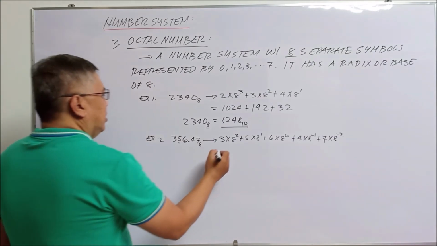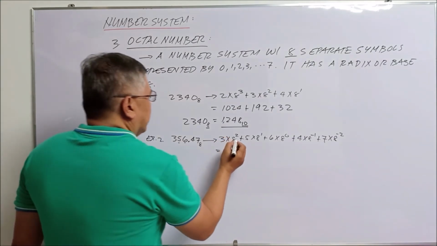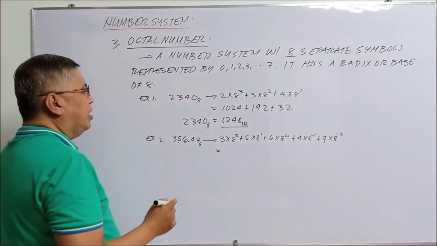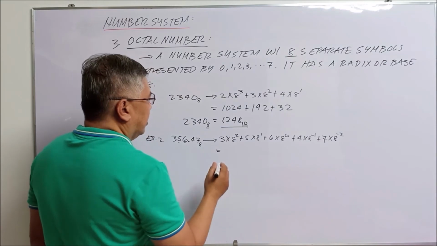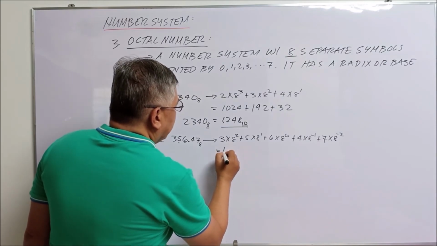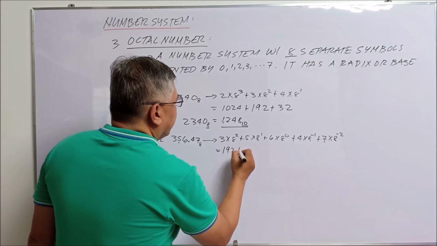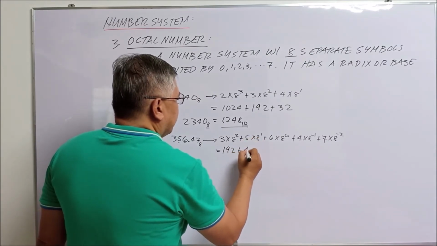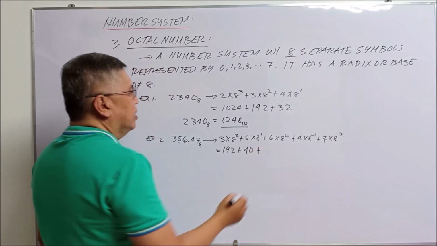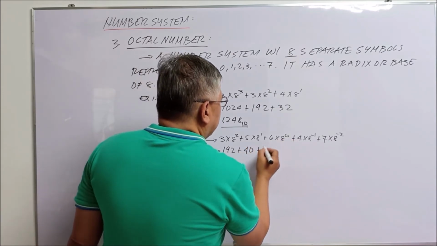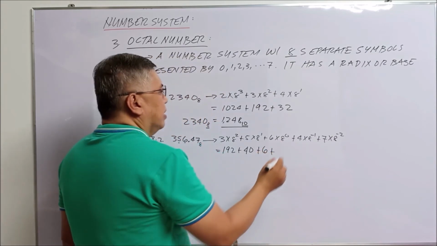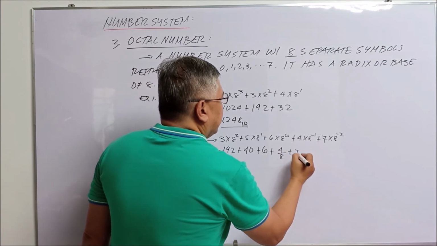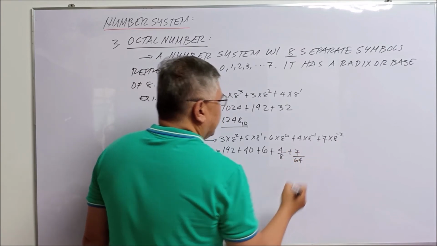So this will be equivalent to: 8 squared is 64, times 3 is 192, plus 8 times 5 is 40, plus 8 to the 0 is 1, times 6 is 6, plus 4 over 8, plus 7 over 64.